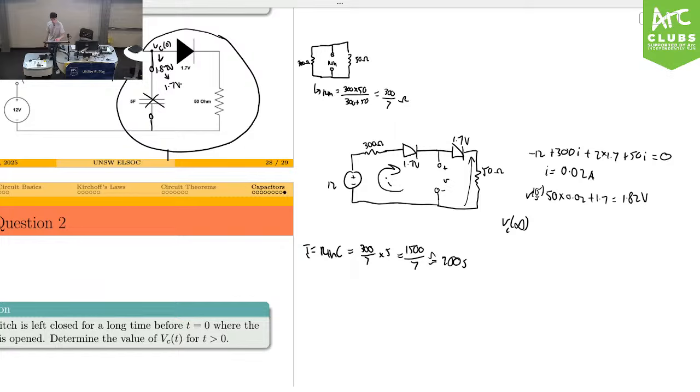Now what happens then? You have to have maybe a bit of physics knowledge, which is, I don't know if you guys have taken Phys 1B. Well, you don't really need to. But the idea is that if this diode reverse biases, you're shutting off the capacitor and pretty much removing it from the rest of the circuit. So this capacitor has nothing to discharge into.